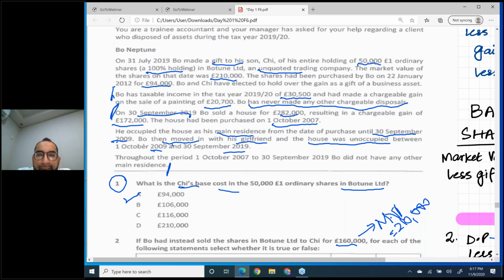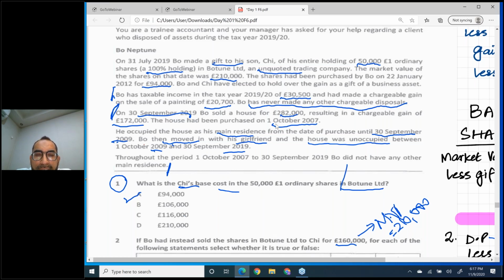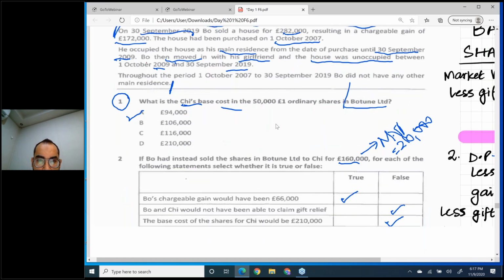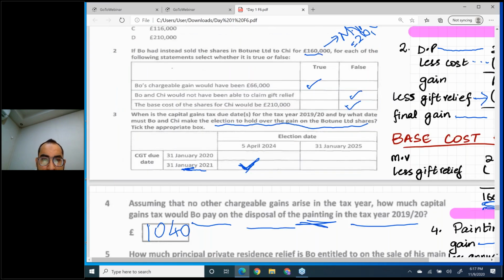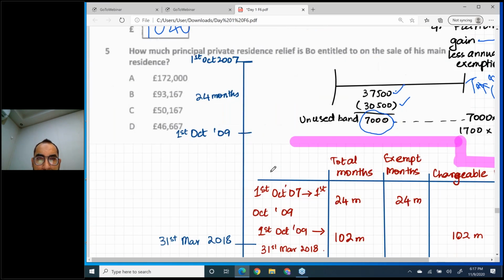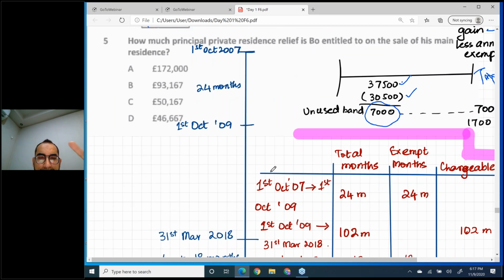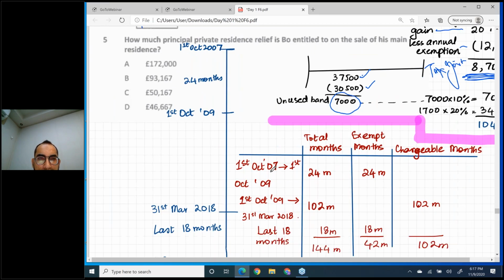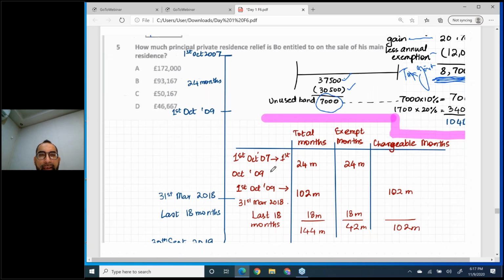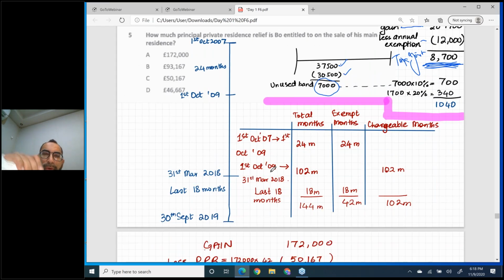Let me explain through a sketch. Can you see the sketch? You bought the house on 1st October 2007, and from 1st October 2007 to 1st October 2009, these 24 months are exempt because he occupied it.